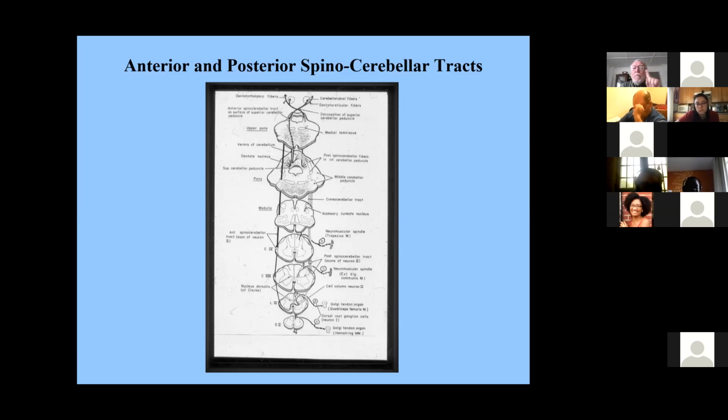So both of the tracts, if you're following this, both spinocerebellar tracts innervate the ipsilateral cerebellum.